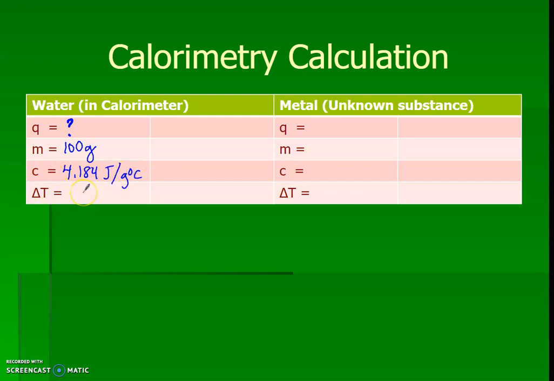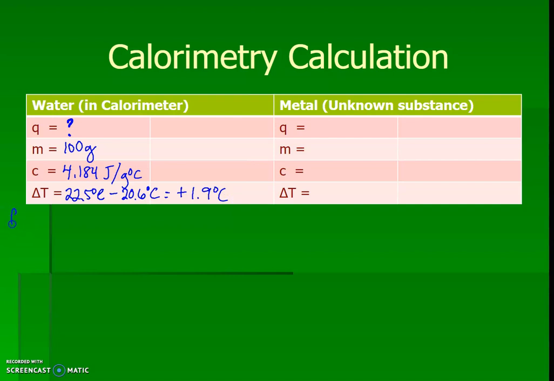The temperature change of the water, it went initially from 20.6 degrees Celsius up to 22.5 degrees Celsius. So what I'm going to do is subtract those two. So I get a temperature change of positive 1.9 degrees Celsius.